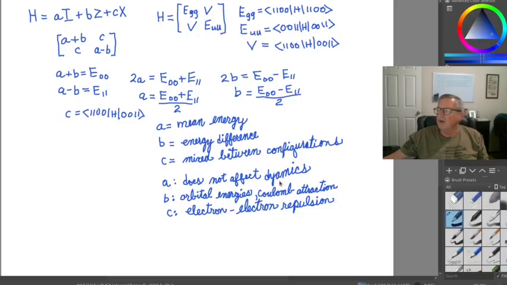Not sure why I wrote that in there, but let's just hold on to that thought. B are orbital energies and Coulomb attraction. Okay, these are the first part of the Hamiltonian, and C is the electron-electron repulsion.